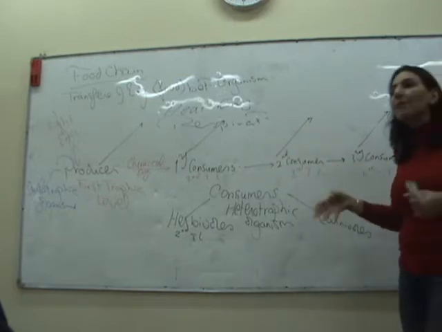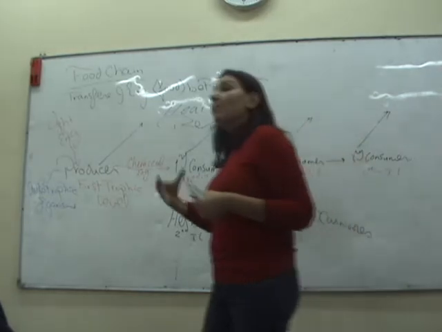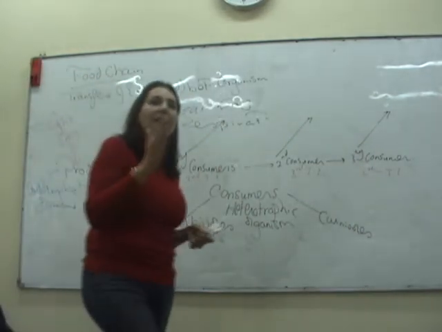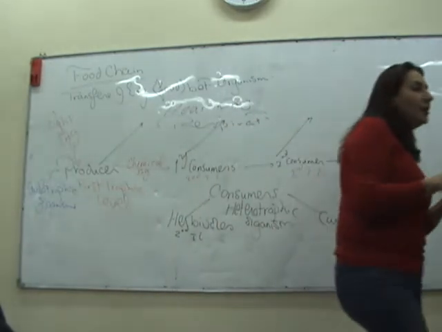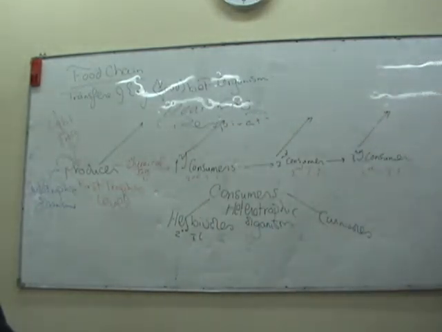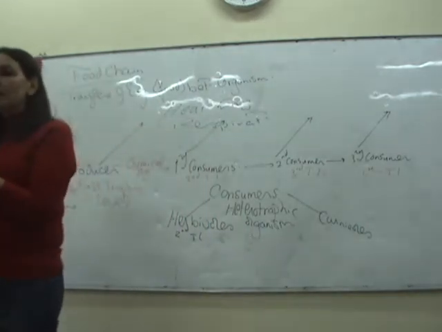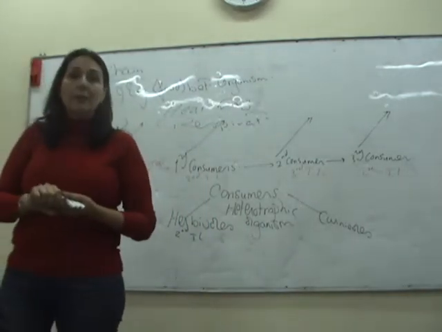Some is passed out in the feces. Some is passed out in excretions. So there are energy losses in each trophic level. Energy is lost in respiration as heat energy. Energy is lost in the undigested food in the feces as chemical energy. Energy is lost in excretions, and energy is lost in movements.